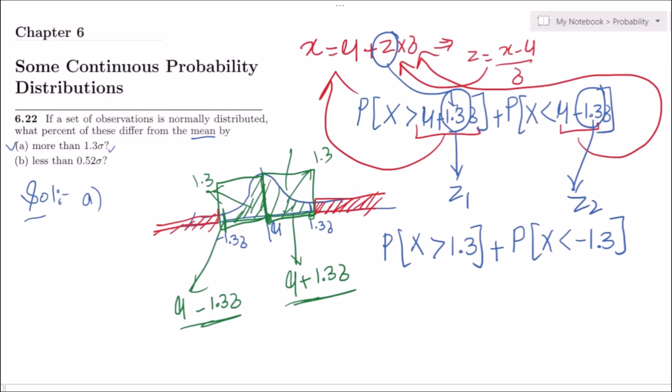Now similarly, you can see that this information is similar to this one, because this normal distribution is symmetrical with respect to the mean.